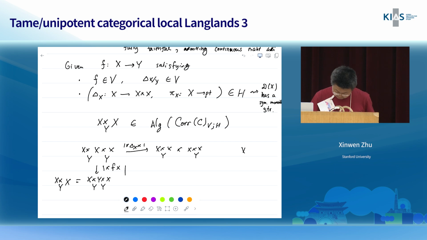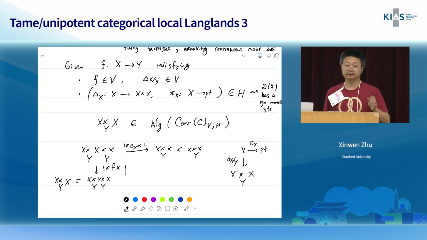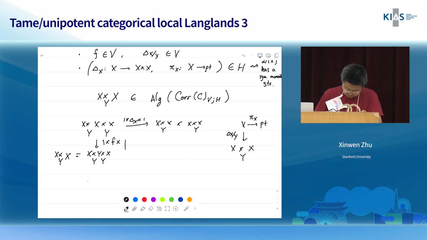And also we have a unit. It's given by pull back along here and push forward along this relative diagonal. Okay, so this endows X times X over Y with an algebra object structure, and therefore you will see D of X times X over Y is a monoidal category. You have a tensor product.